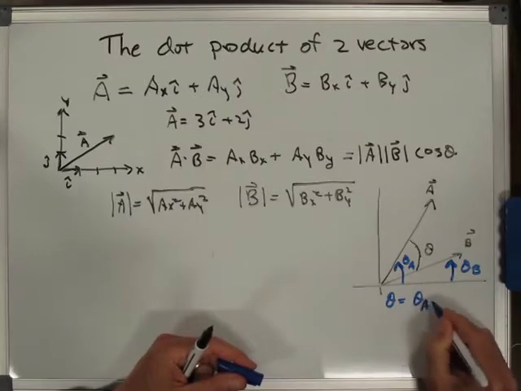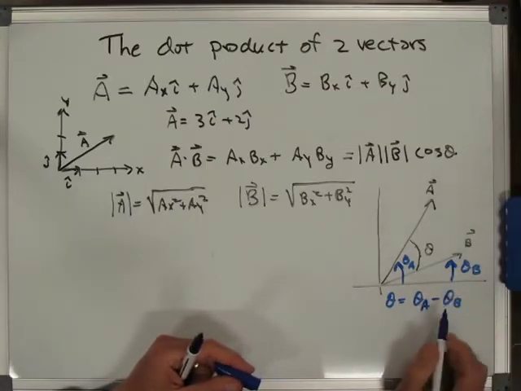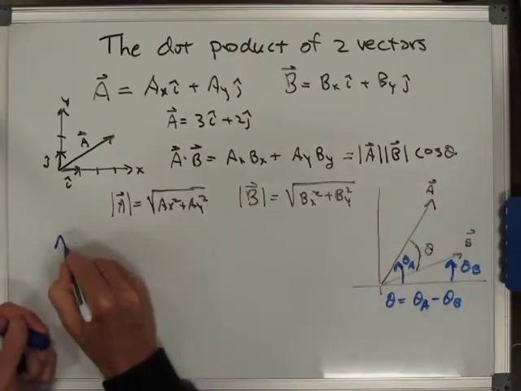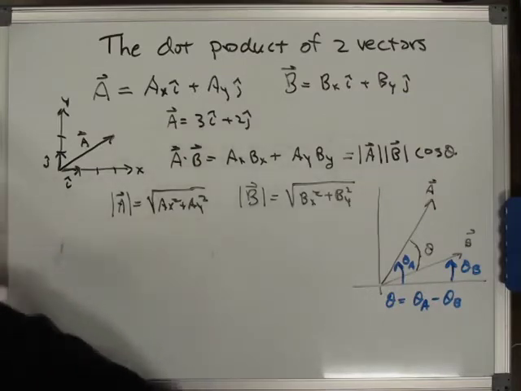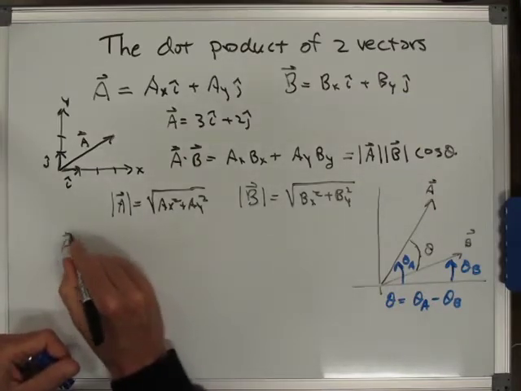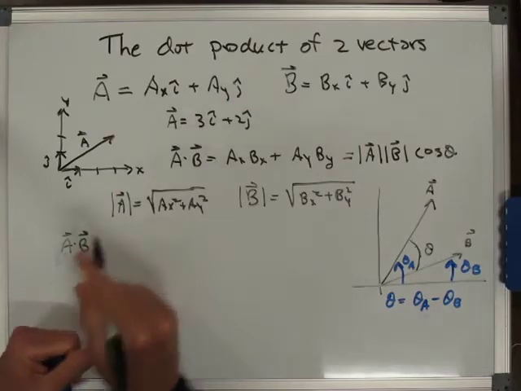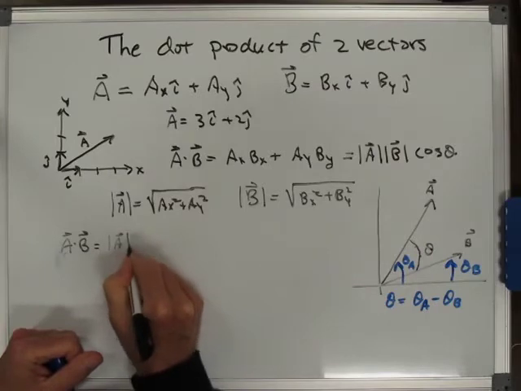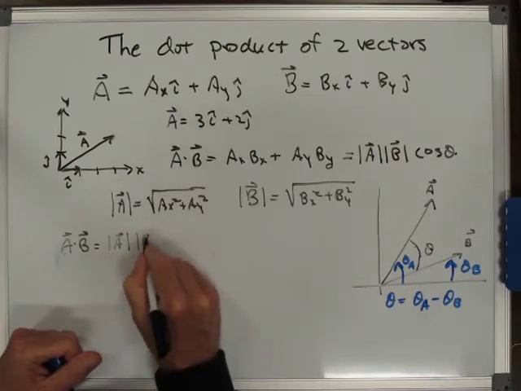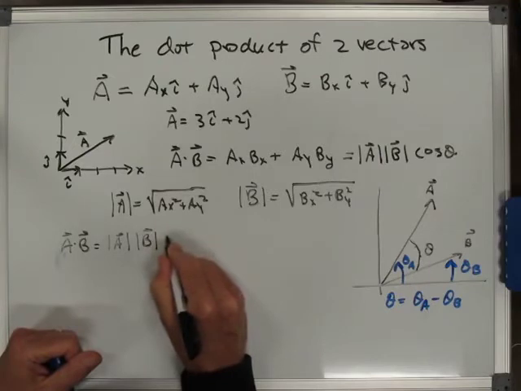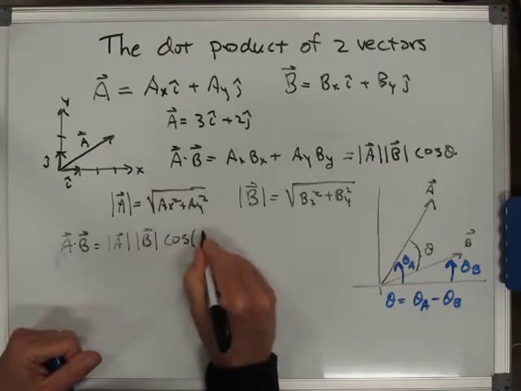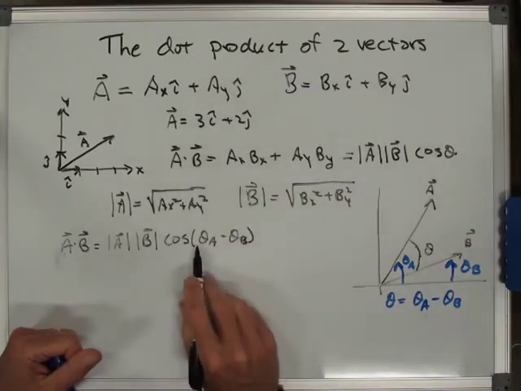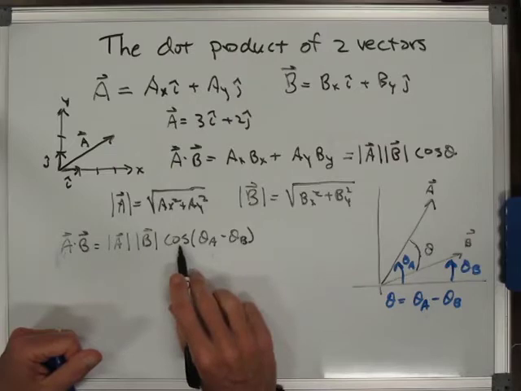And so what we have is A dot B is equal to the magnitude of A times the magnitude of B times the cosine of theta A minus theta B. It turns out, of course, that you can flip the sign of the argument to a cosine to get the same answer.